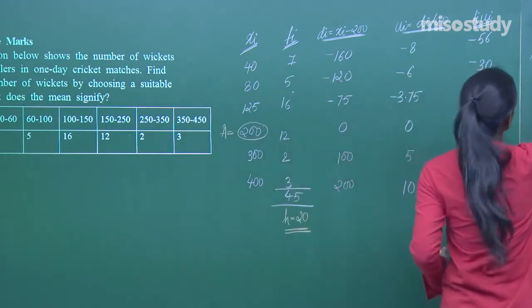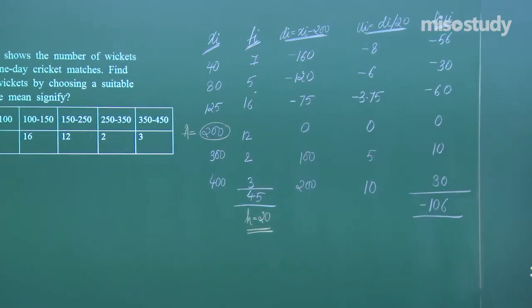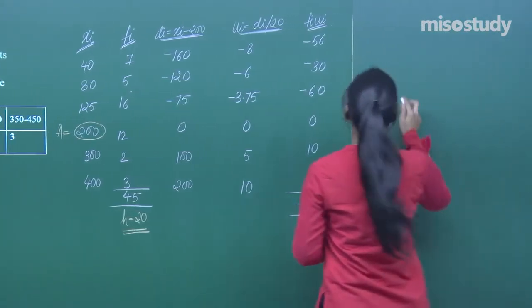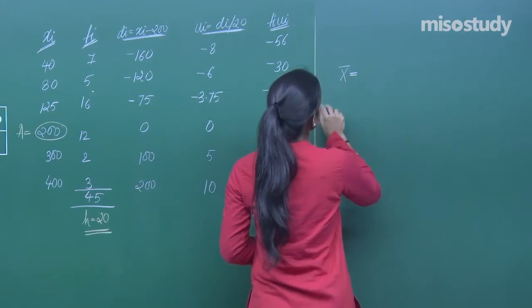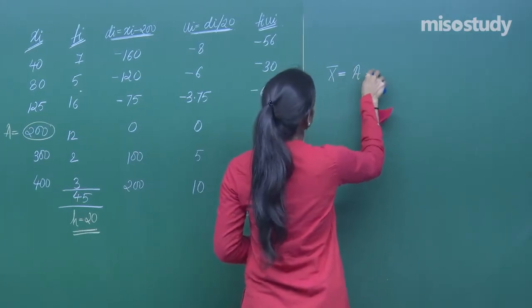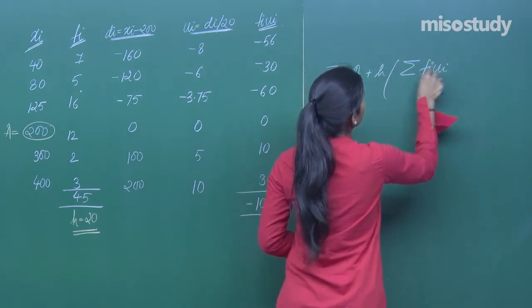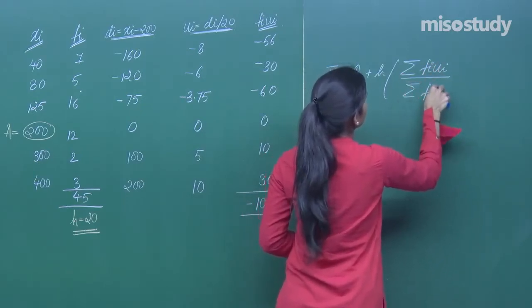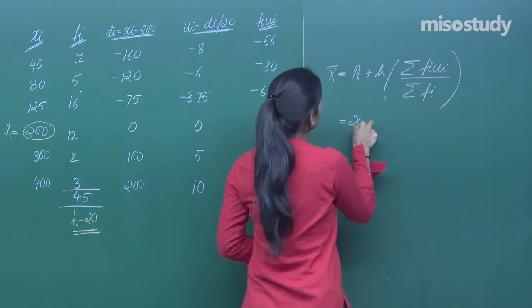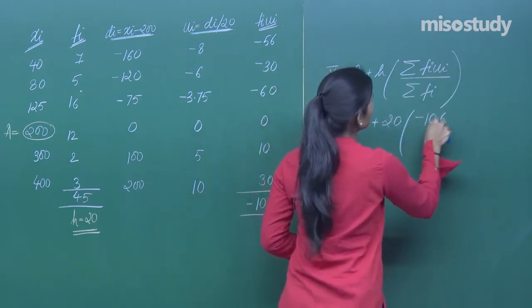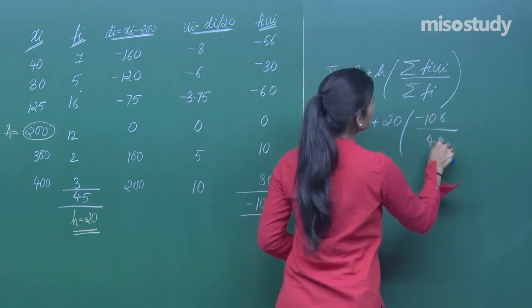Once you have all of this, you can very easily now get the mean as what? This is mean by step deviation method, which is a plus h multiplied by summation fiui upon summation fi. So a is 200, h is 20, summation fiui is minus 106 and this is 45.